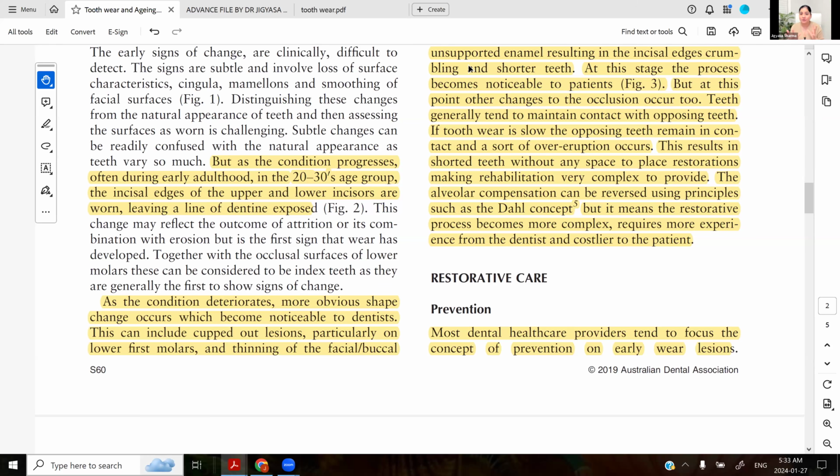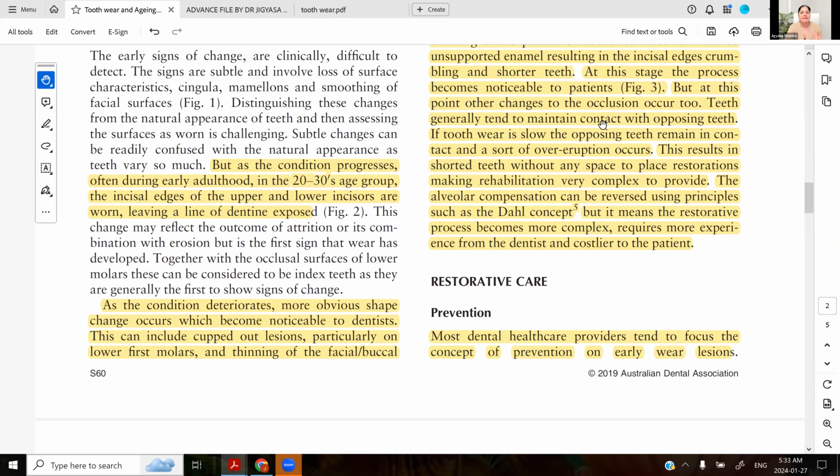So far so good. I know there's a lot to absorb and learn, but that's how intense the topic is, and that's how important the topic is, and multifactorial management is involved, right? So teeth generally tend to maintain contact with opposing teeth when the wear is slow. And if the tooth wear is slow, the opposing teeth remain in contact and over-eruption occurs.